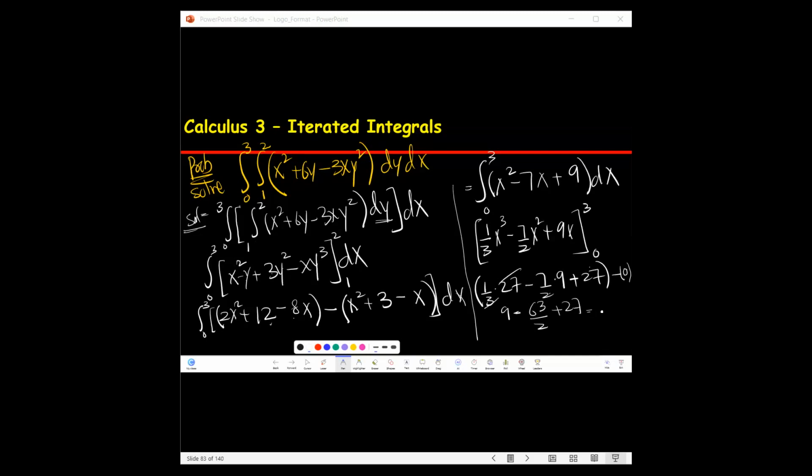If I take the least common multiple or LCM, so 2 is going to be 18 minus 63 plus 54. Okay, if I solve, it's going to be 9 divided by 2. Okay, and that is my answer.